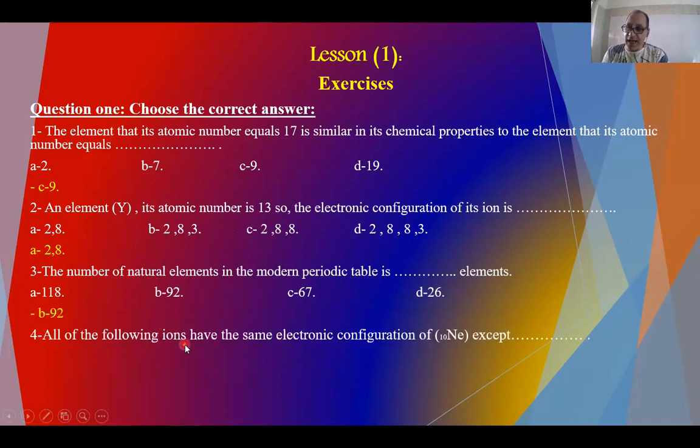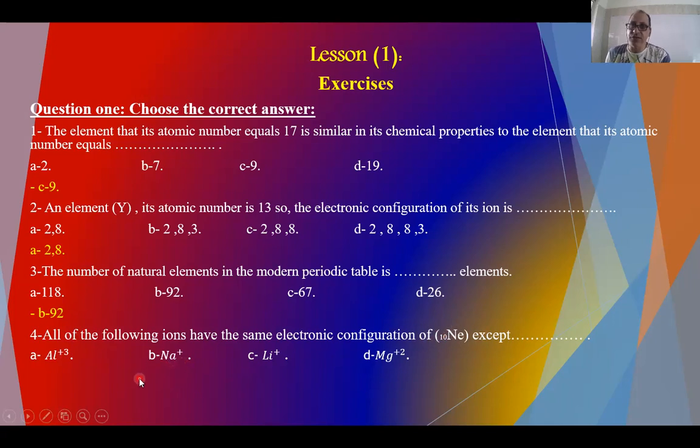Number 4. All the following ions have the same electronic configuration as Ne10 except one. Let's see. Al13 with 3 positive charge: we know that the atomic number is 13, so 2, 8, 3. If it loses 3, it becomes 2, 8 like Ne, so it's not the one I'm looking for. Let's see Na positive 1.